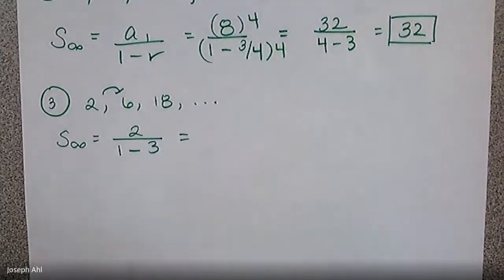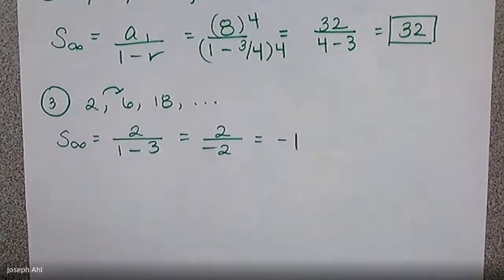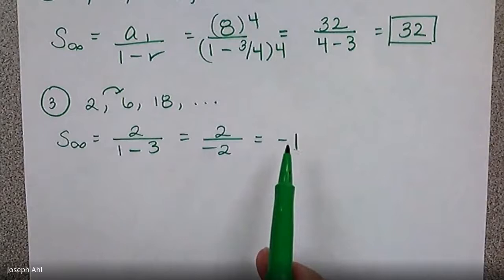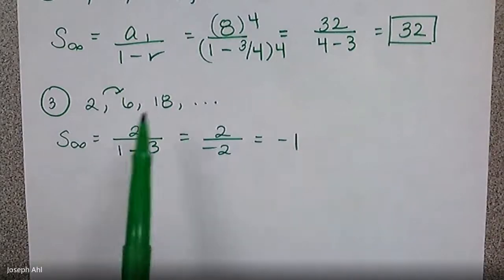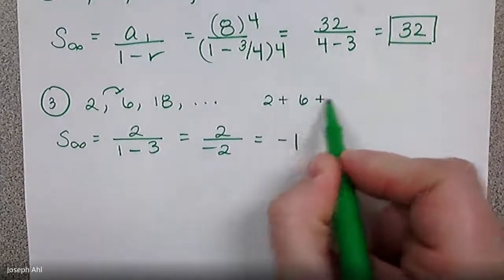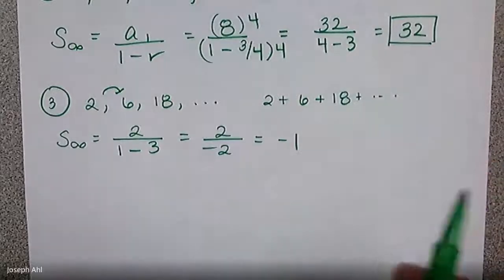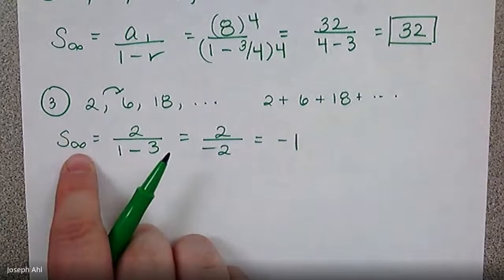So we get that the first term of 2 over -2 gives you an infinite series that converges to -1. Well, boy, that doesn't seem like it makes sense, does it? I'm adding 2 plus 6 plus 18 plus something. All right, 54 would be the next one technically. And I'm getting -1 as a sum if I add them up infinitely.